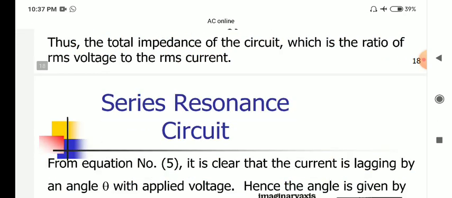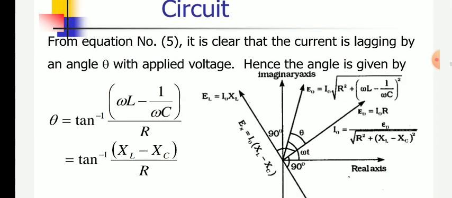So from equation number 5, it is clear that current is lagging by an angle theta with the applied voltage.